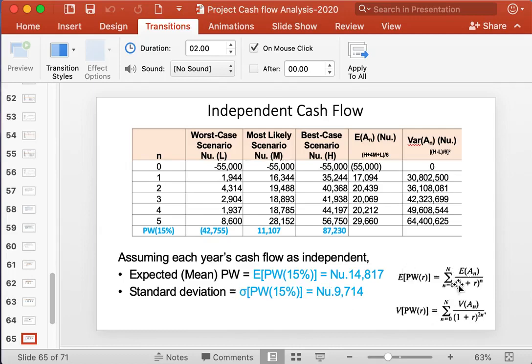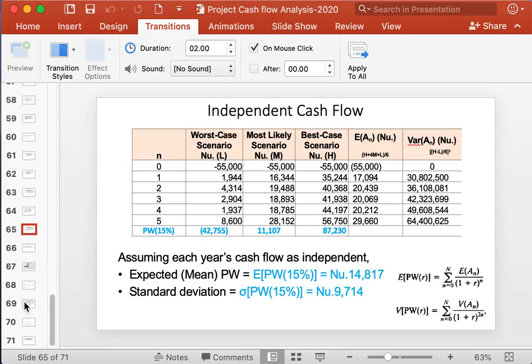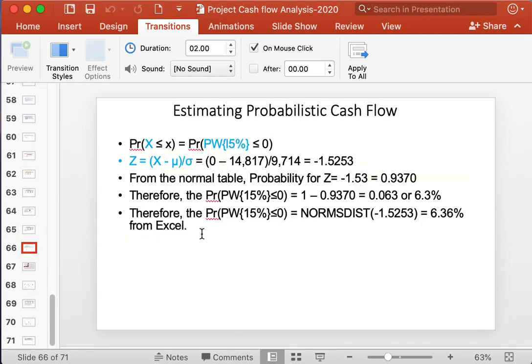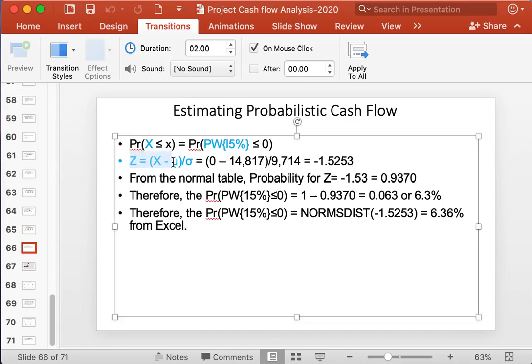So using these two equations we can get these values, and from this we can find out the probability. So the probability of the present worth being less than or equal to 0 we can get using this formula.